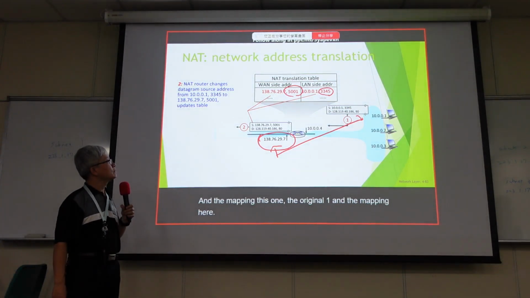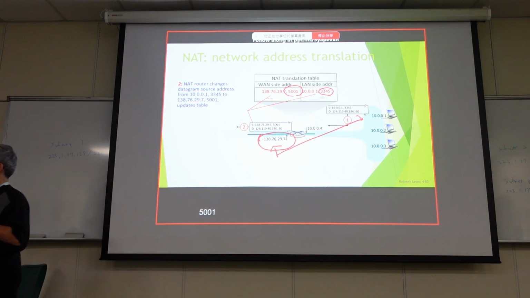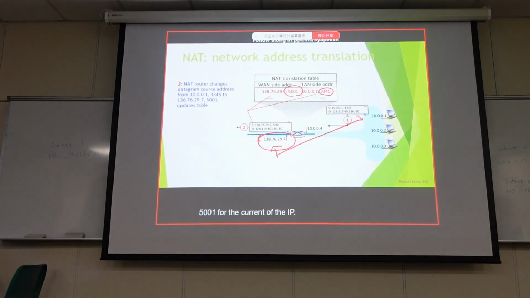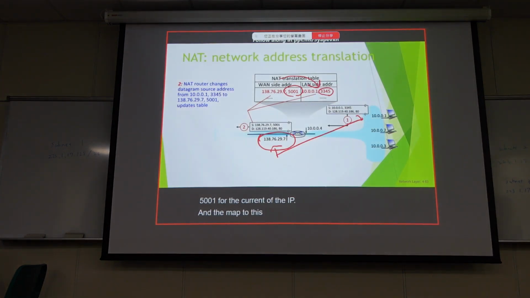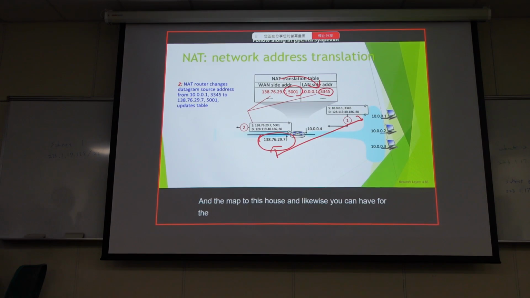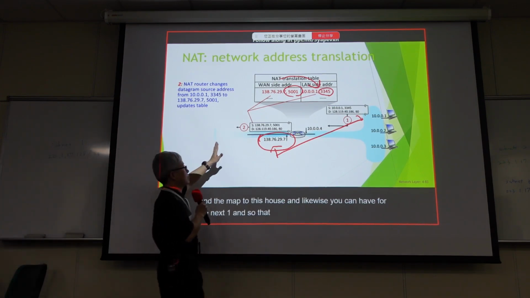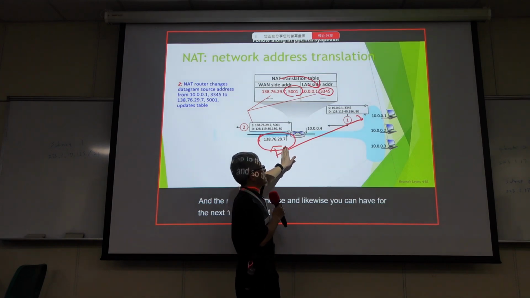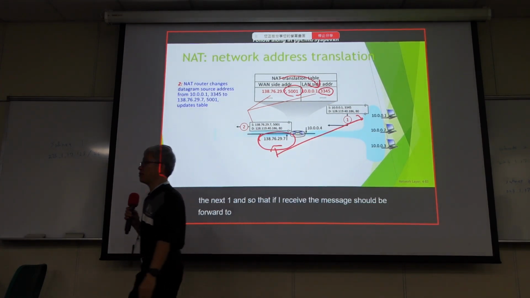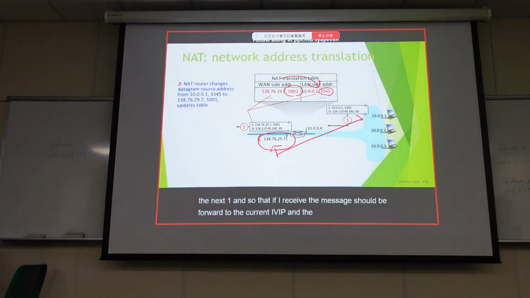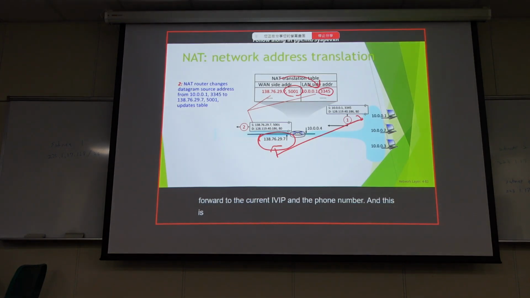For example, 5001 for the current public IP maps to this host. And likewise, you can have it for the next one. So if I receive a message, it should be forwarded to the current private IP and port number. This is the idea of NAT.